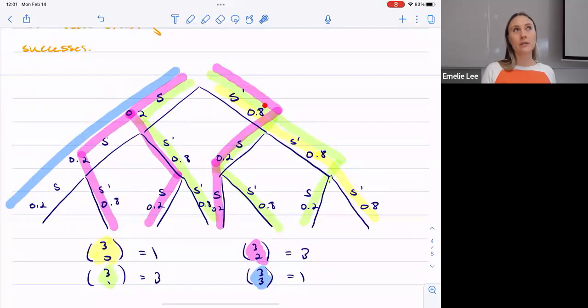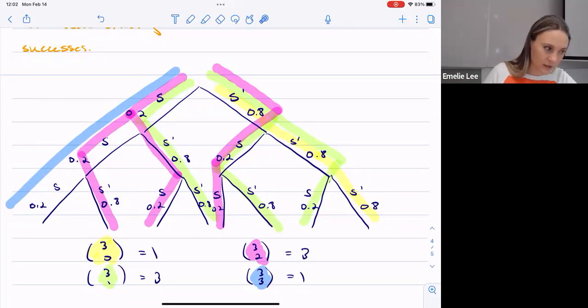But in theory, it would be able to handle different probabilities, I want to say, but it wouldn't help you very much because then you'd have to write them all out anyways. So then you wouldn't use the choose function, but it would tell you how many ways can this happen, right? And even if those probabilities aren't the same, you would know how many ways it can happen, right?